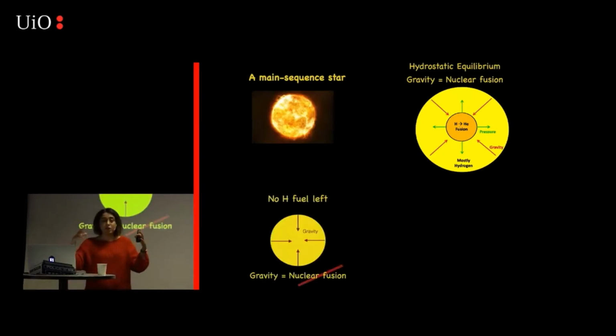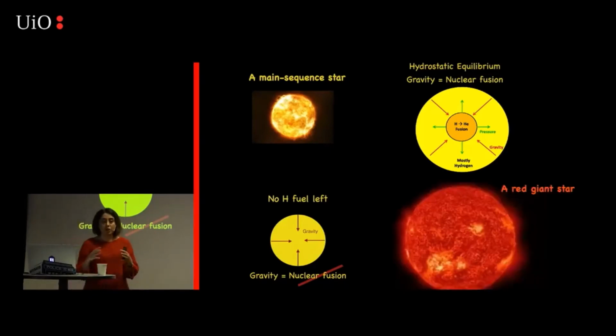The gravity contracts the core of the star. As the star shrinks, it gets hotter until the temperature rises again so that we can have a new nuclear reaction begin. And at this phase, the outer envelope starts to expand, and the star will evolve to a red giant phase.